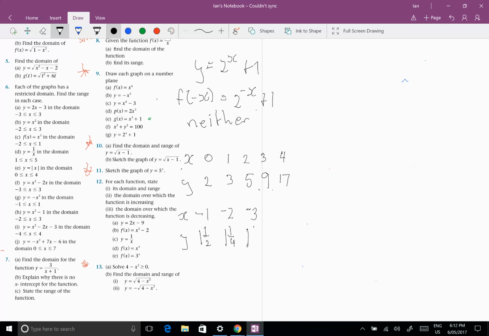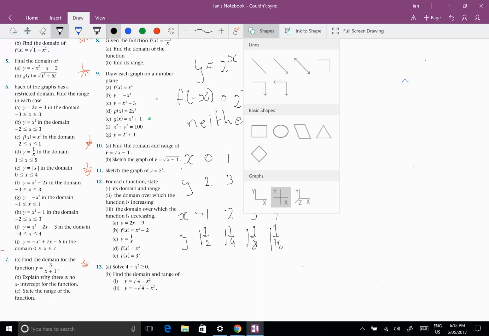Plus 1 is 1 1/8. 2 to the negative 4 is a 16th. So plus 1 is 1 1/16. Well, that looks really interesting. That's getting closer and closer to 1 the more I move left. Well, let's see if we can draw this now.